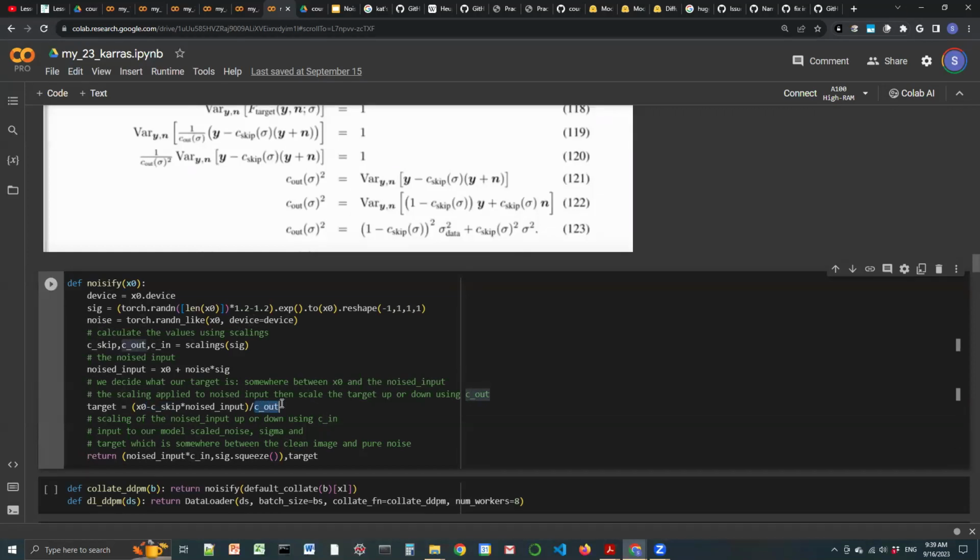We'll come to c_out in a minute, but c_in is easier to discuss. So we'll discuss that in detail and then imply that c_out uses a similar process.